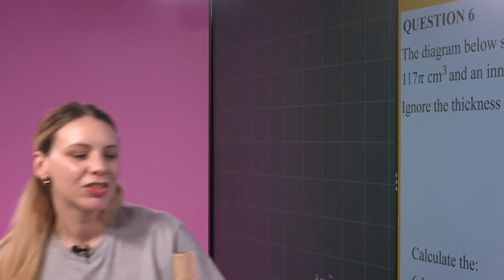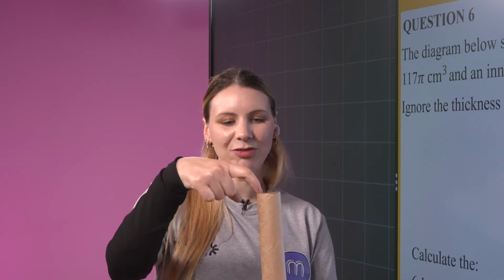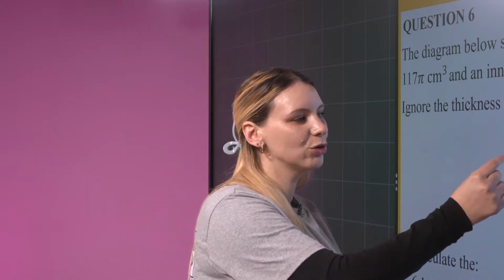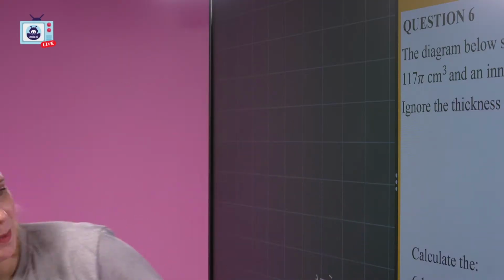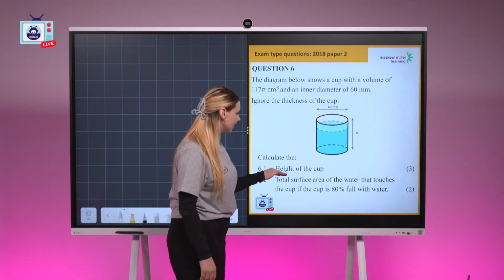And if this cardboard was very thick, right, then we would have to consider that the space or the volume inside it would be smaller. So they're telling you to ignore the thickness of the cup. For example, if it's a glass cup and it's 2 millimeters thick, we're ignoring that. Okay? It says calculate the height of the cup.